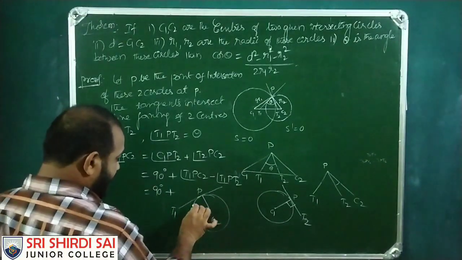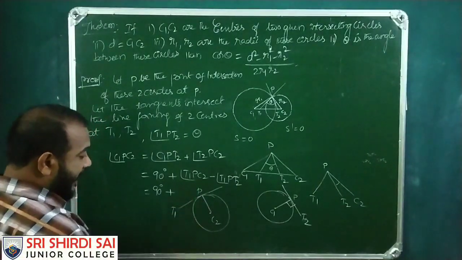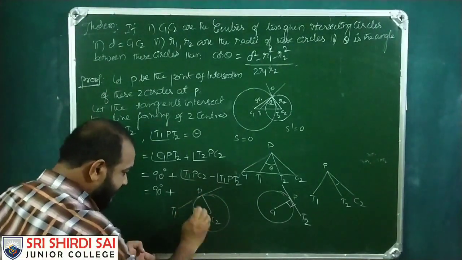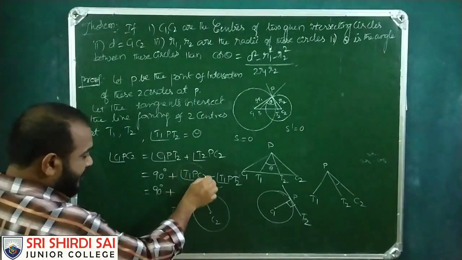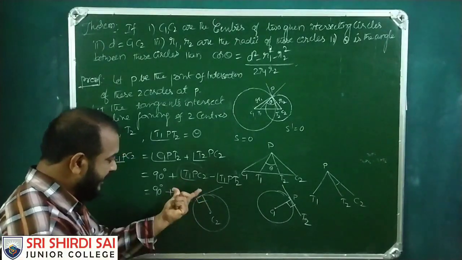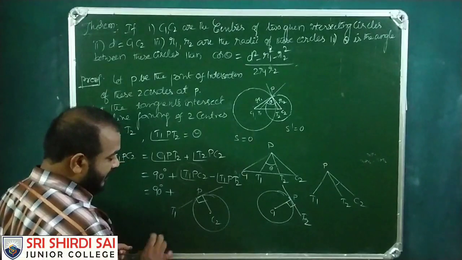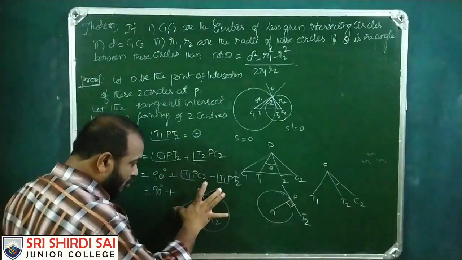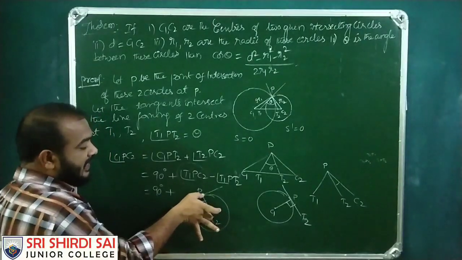So what is T1PC2? This is the angle between this tangent and this radius. This is 90 degrees. So may I replace this T1PC2 with 90 degrees? Because T1PC2 is the angle between the tangent drawn to the second circle, the small circle, and its radius.